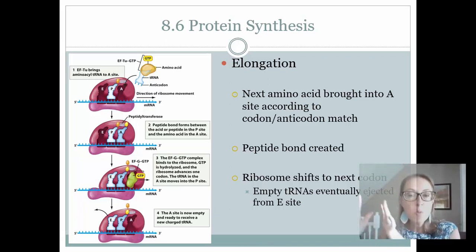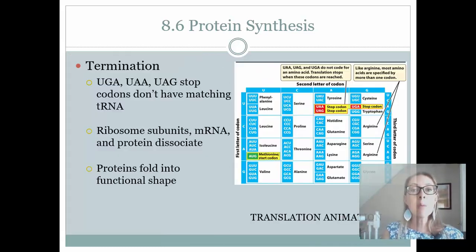And that ribosome is going to move down the length of that messenger RNA. And we're going to keep going and going until we reach one of those 3 stop codons. UAA, UAG, and UGA are anti-codons on tRNAs that do not have an amino acid attached to them.